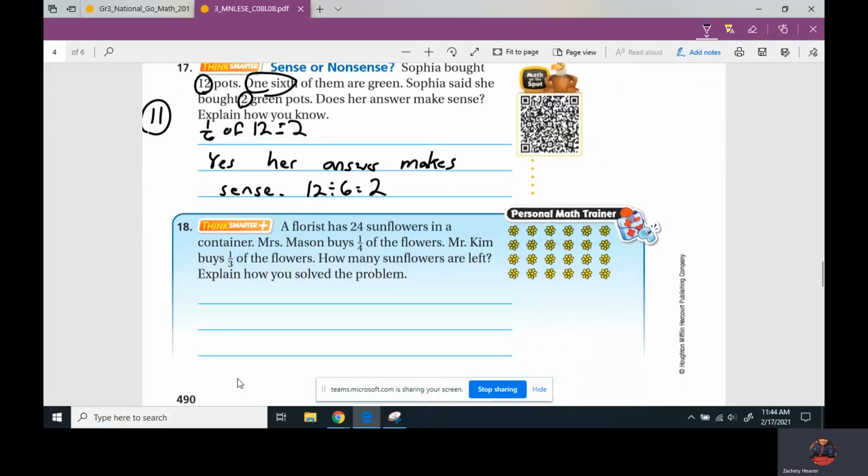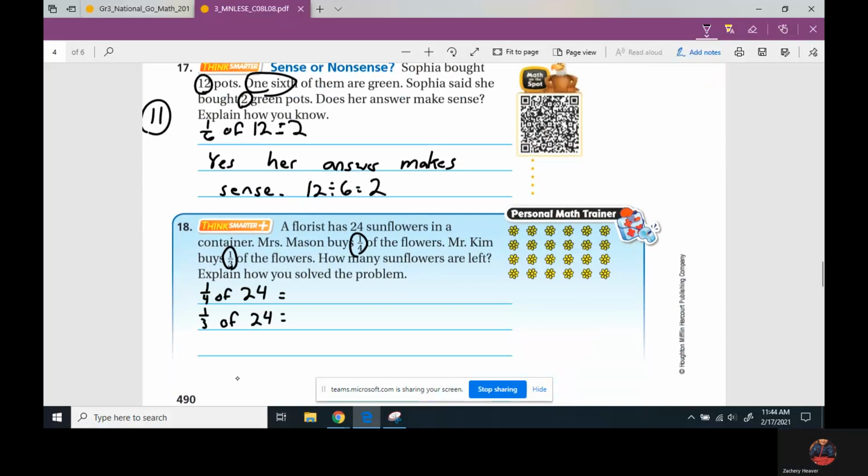The last one. A florist has 24 flowers in a container. Miss Mason buys 1/4 of the flowers. Mr. Kim buys 1/3 of the flowers. How many flowers are left? So let's find it. We need to find 1/4 of 24. And we need to find 1/3 of 24.